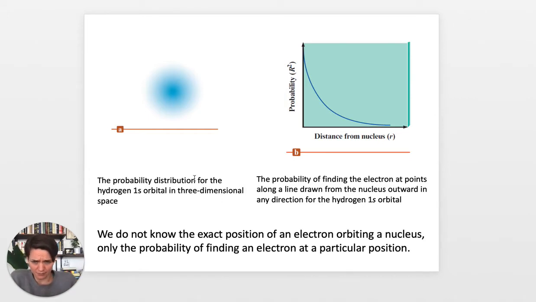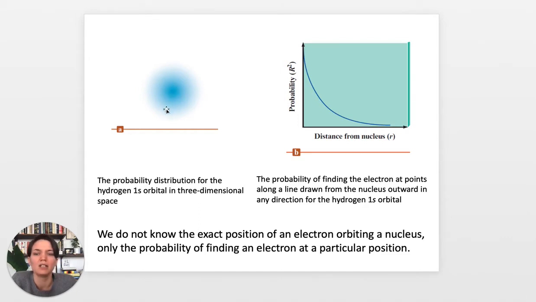So we're going to talk about orbitals a lot moving forward. But this right here is just an example of what we've been able to do using all of these mathematical, chemical, physical principles. Here we have what is called a probability map of an electron in this particular orbit. In this case, we're looking at the hydrogen electron. That hydrogen electron is most likely going to be closest to the nucleus.